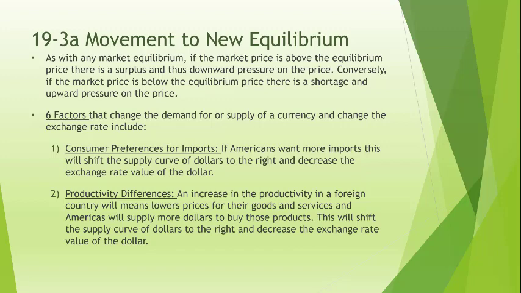Secondly, productivity differences. An increase in the productivity in a foreign country will mean lower prices for their products and services in relation to US prices, and America will supply more dollars to buy these products. This will shift the supply of dollars to the right and decrease the exchange rate in the process.